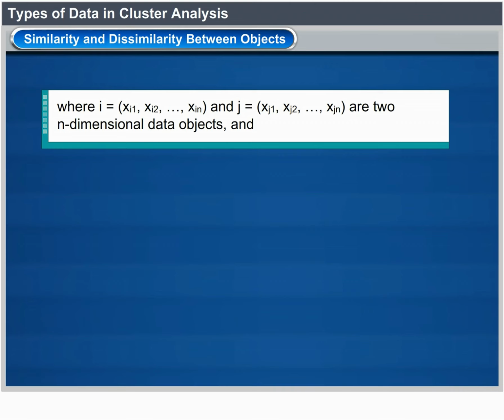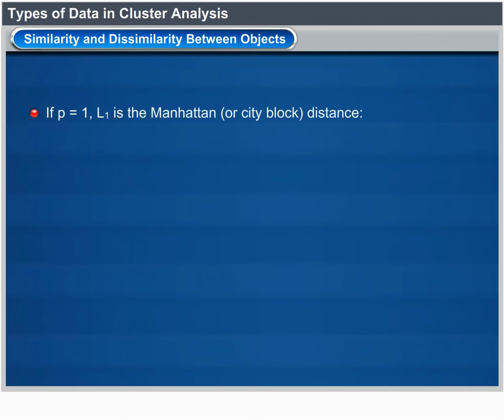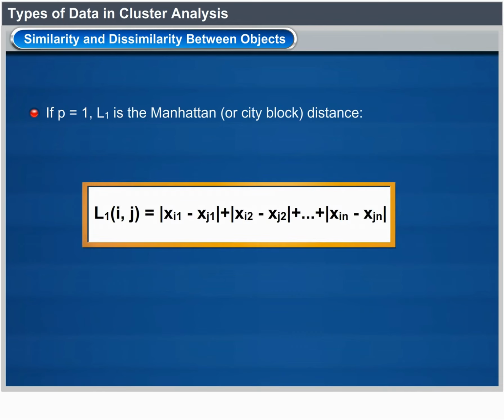If p equals 1, L1 is the Manhattan or city block distance shown on the screen. If p equals 2, L2 is the Euclidean distance shown on the screen.